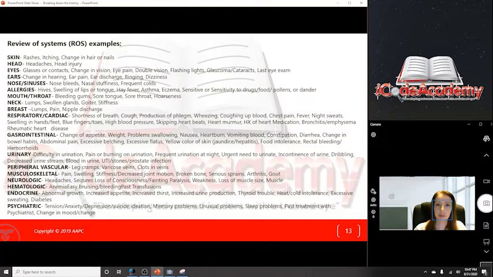Reviewing the systems as far as eyes is concerned might be double vision, any changes, seeing flashing lights, as well as when did they have their last eye exam. ENT is going to be any changes in our hearing, nosebleeds, any frequent colds. Let's move on, going down the list a little bit further, to talk about cardiac as well as respiratory.